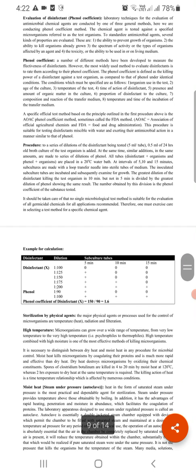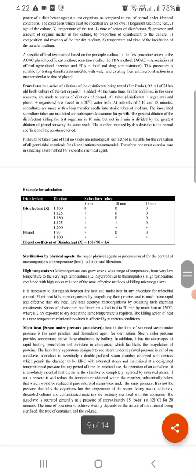It should be taken care that no single microbiological test method is suitable for evaluation of a chemical as a disinfectant for all applications recommended. Therefore, one must exercise care in selecting the test method for a specific chemical agent.